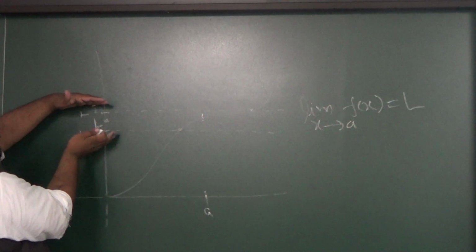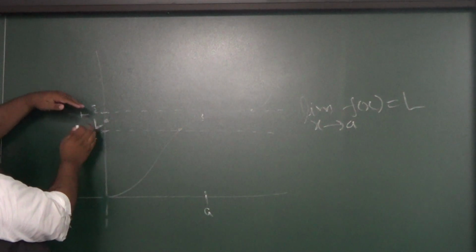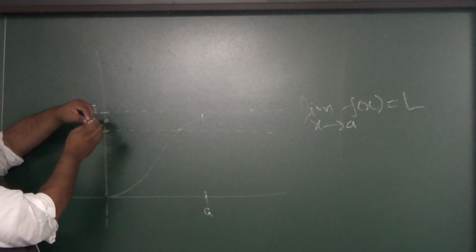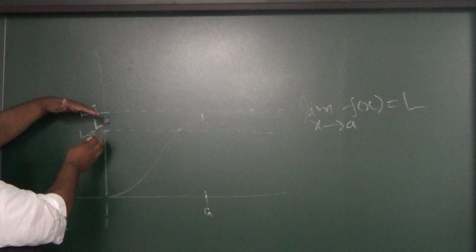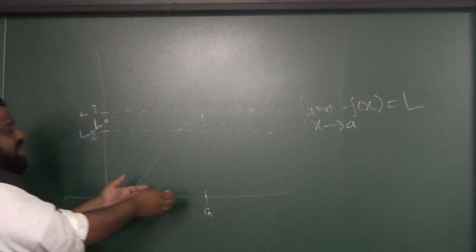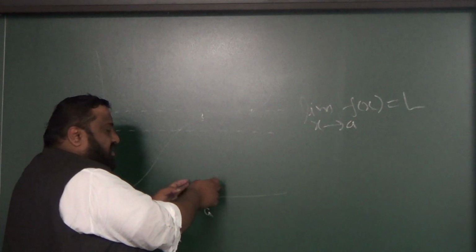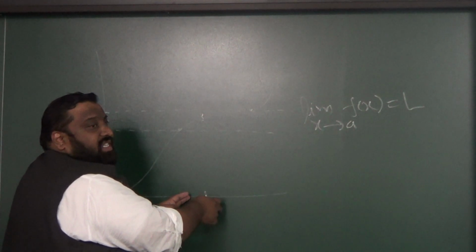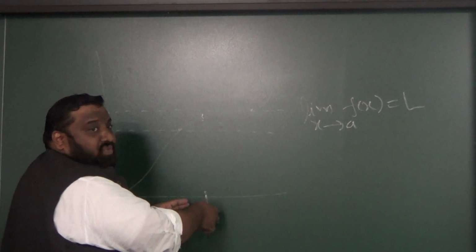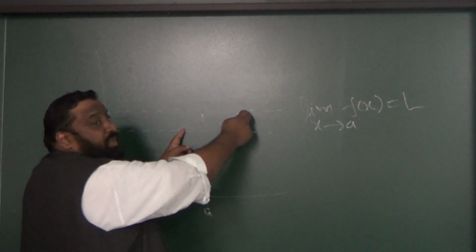The question is, if you want to stay near to this value L, up to this extent epsilon, and epsilon could be whatever you like, you need to control the inputs. So where should my inputs be on this line? In other words, what interval should I choose in such a way that if I take any value in that interval, the outputs are going to be between this piece?